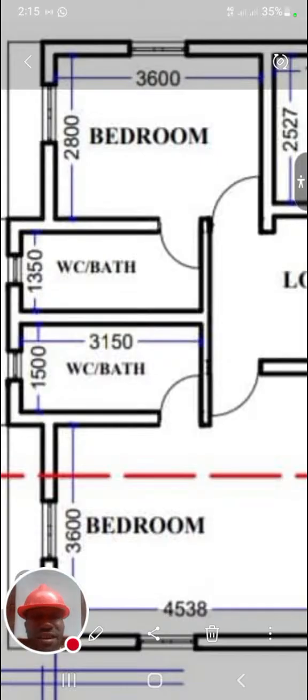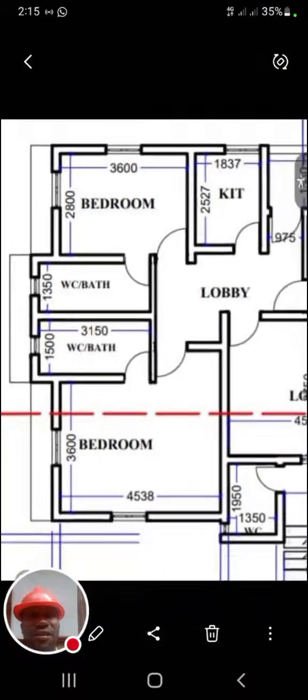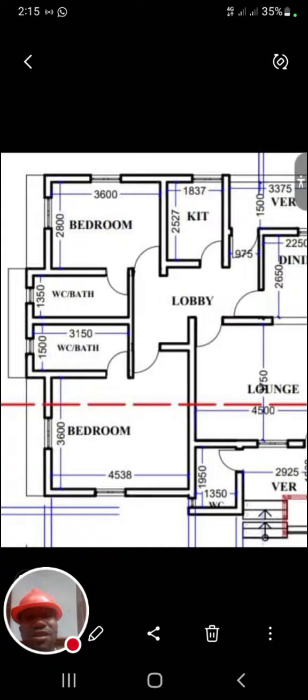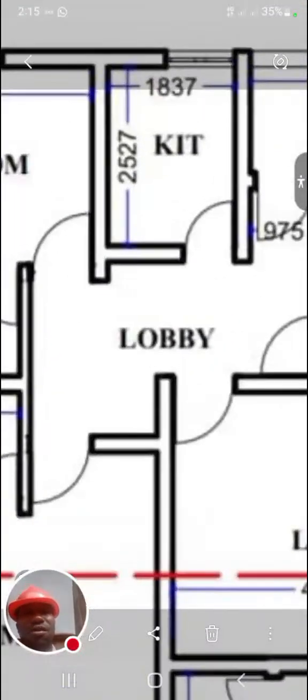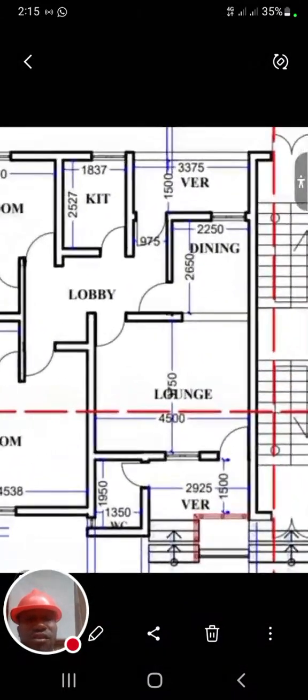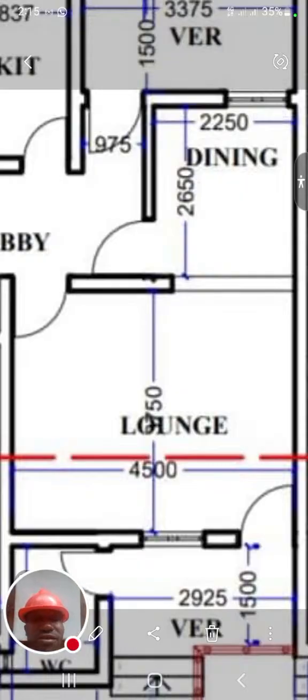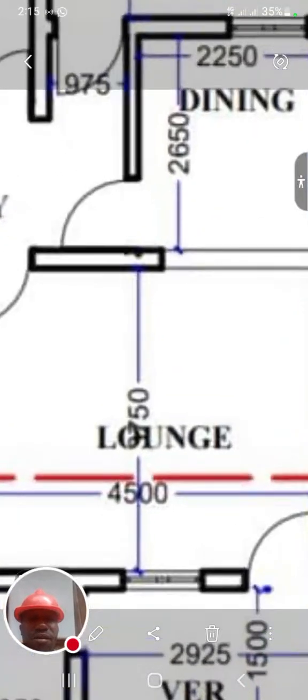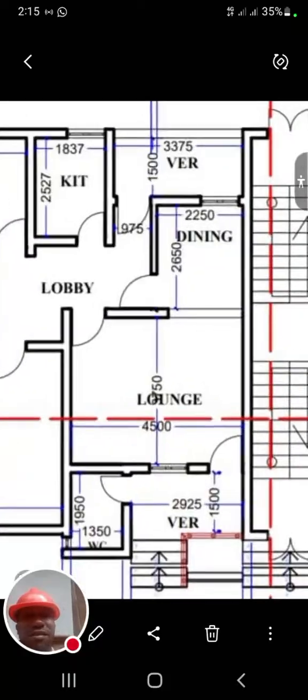This is the kitchen, a small kitchen. This is the lounge, a relaxation center. This is dining.